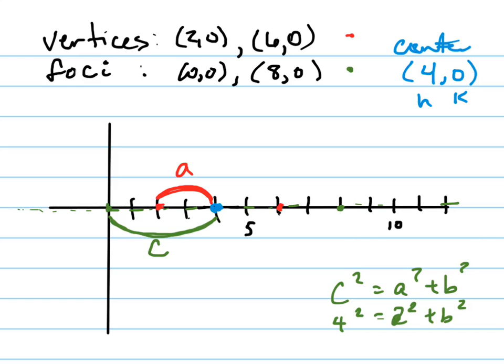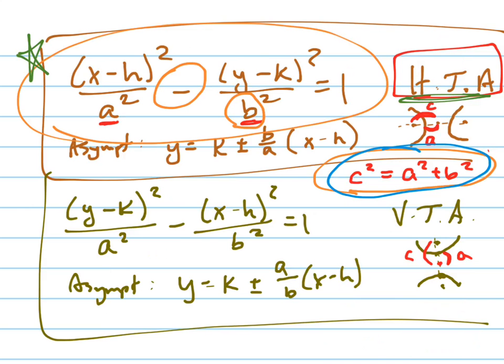And so I get 16 minus 4 is 12. B squared equals 12. Be careful with that math. B is the square root of 12. Actually, B squared is 12. That's really all you need, because now for my equation, all I need to do is use my H and K, my A squared and my B squared, and put them in there nicely.